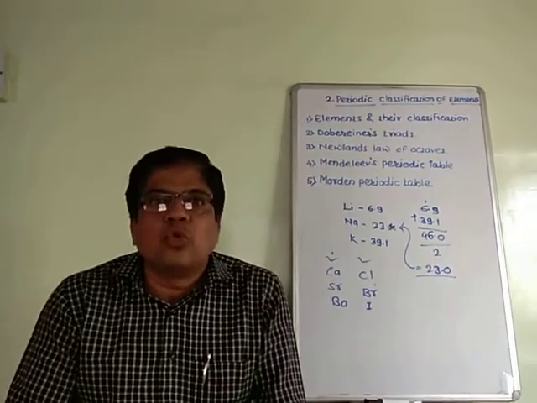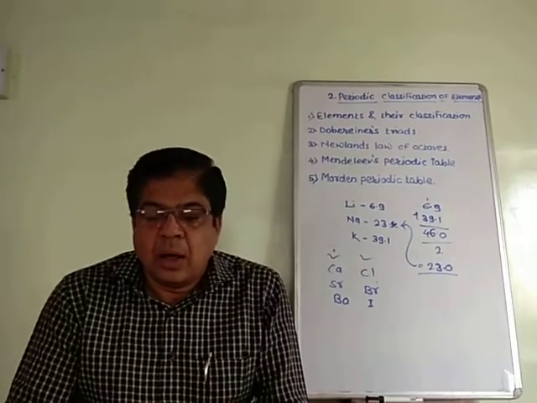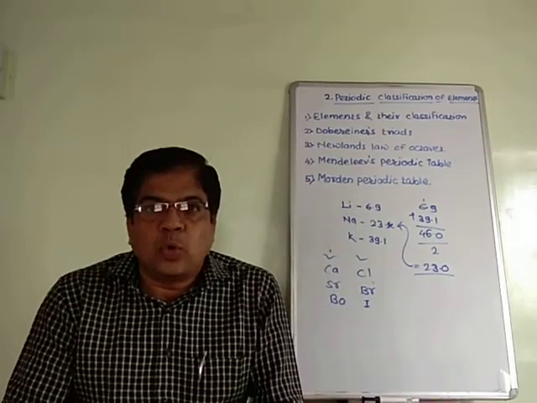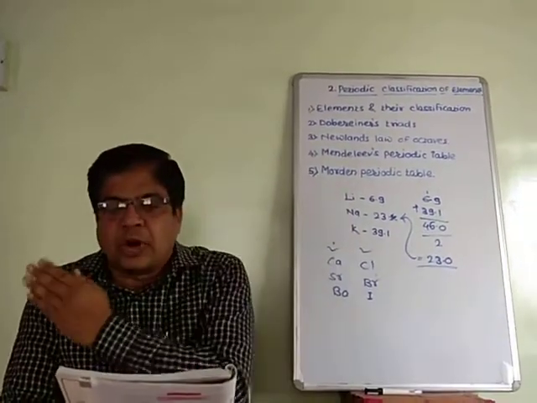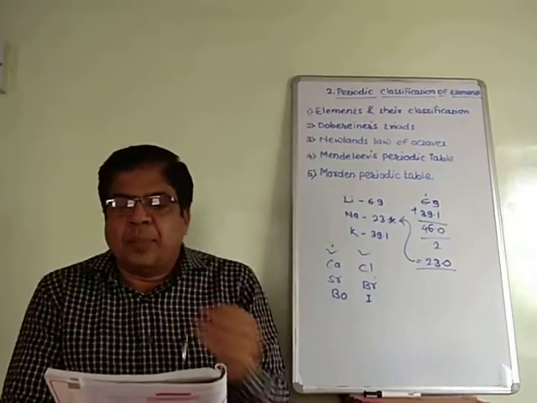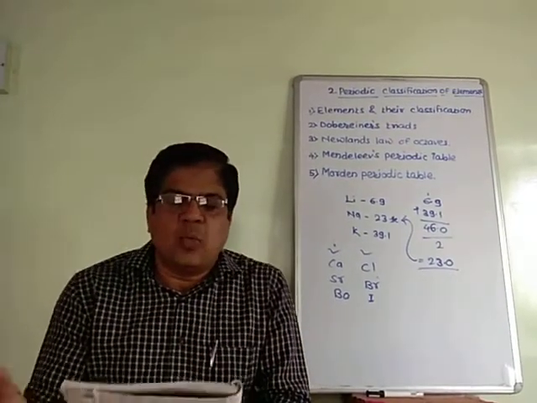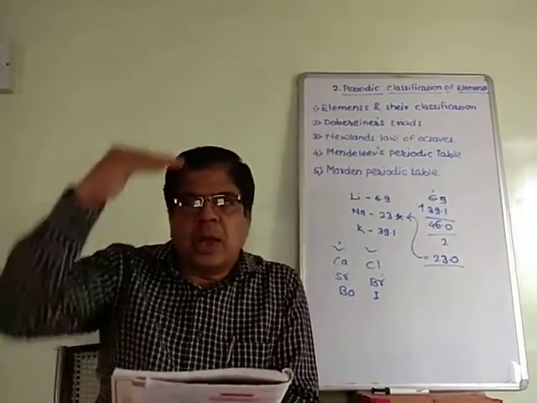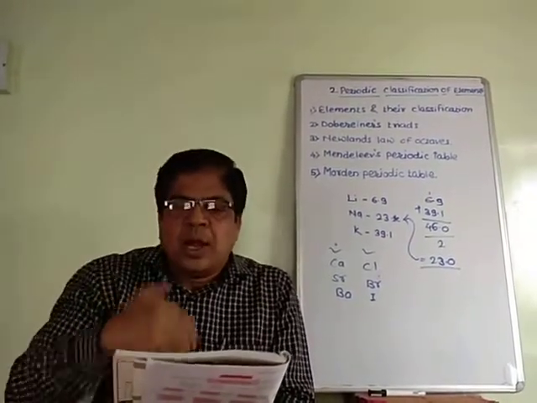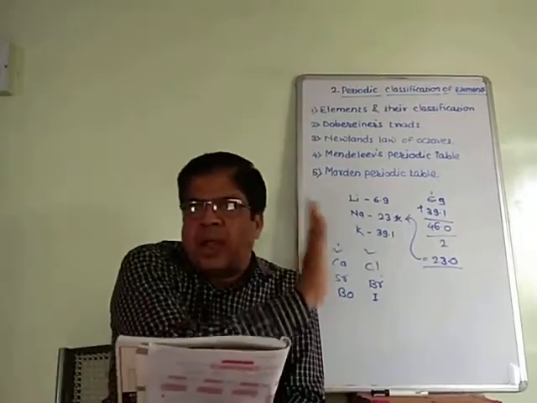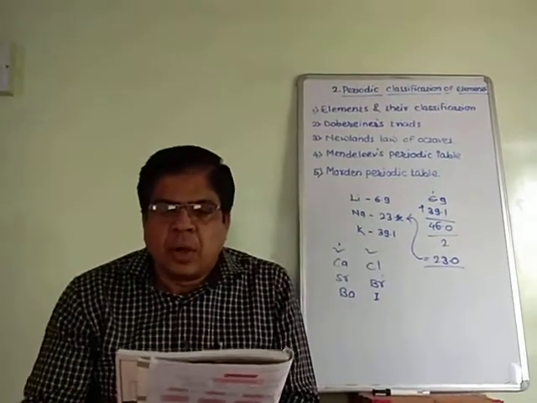Atomic radius goes on decreasing from left to right within a period, and goes on increasing from top to bottom.